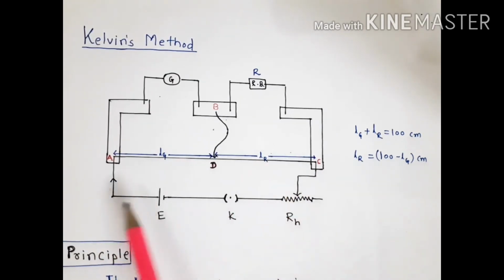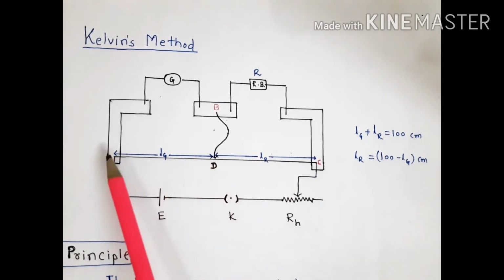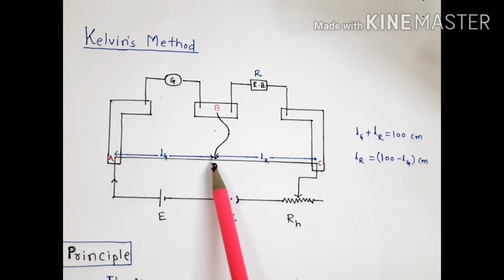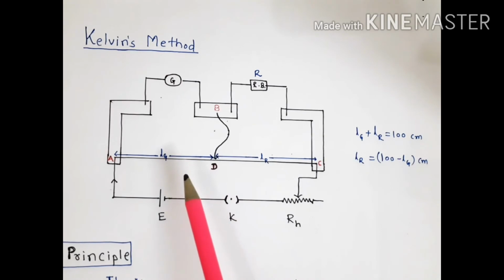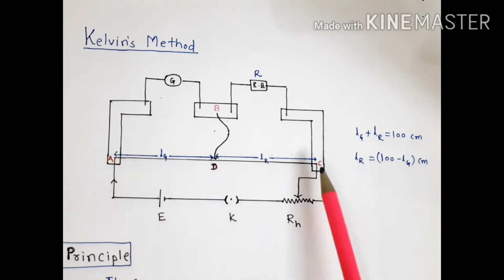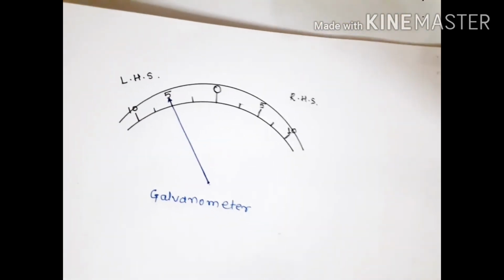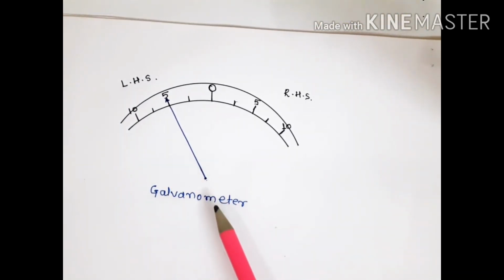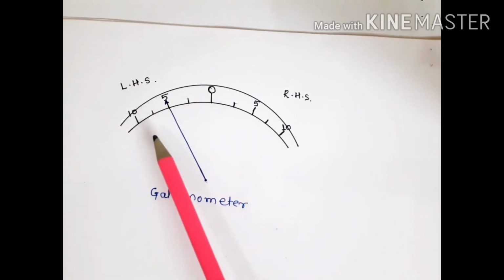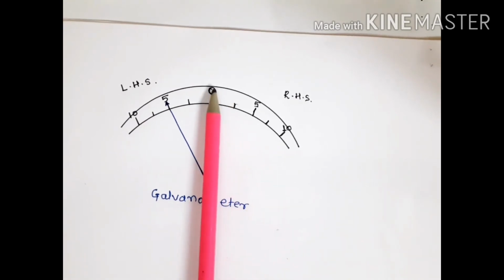Start the part of working. By touching the jockey at various points on the meter bridge wire, you obtain the point D, at which the galvanometer shows the same deflection as adjusted before. See the point A, which is present at the left side of the meter bridge wire. Point C is present at the right side of the meter bridge wire. Now let us consider this is the galvanometer. Whenever we touch the jockey at point A, suppose the galvanometer needle shows zero deflection.